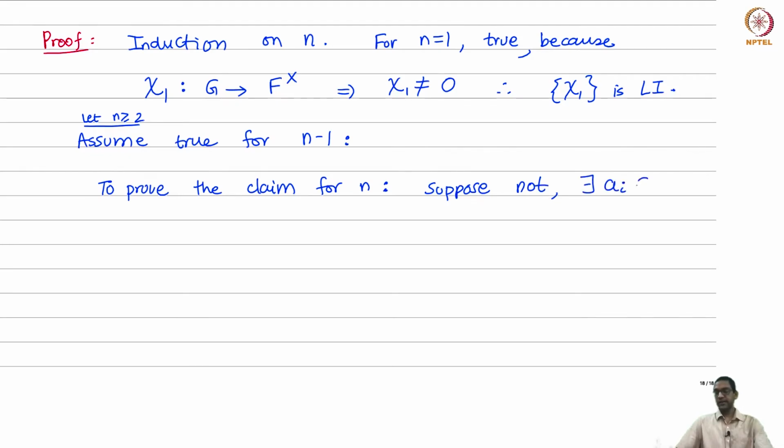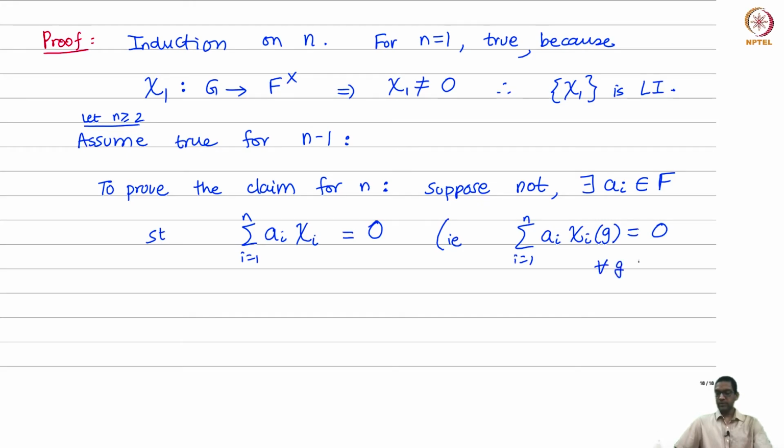So there exist scalars, there are elements ai in F such that this linear combination of ai chi i is 0. Okay, and recall what that just means is the pointwise sum ai chi i of g gives me 0 for all group elements g in G.